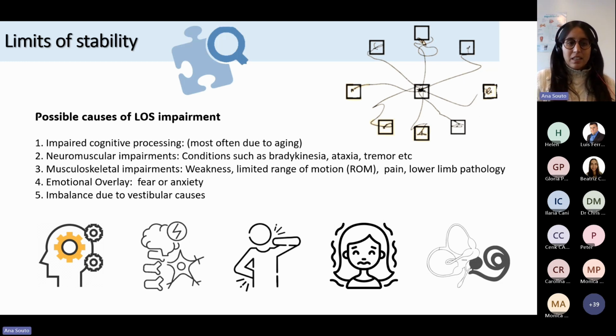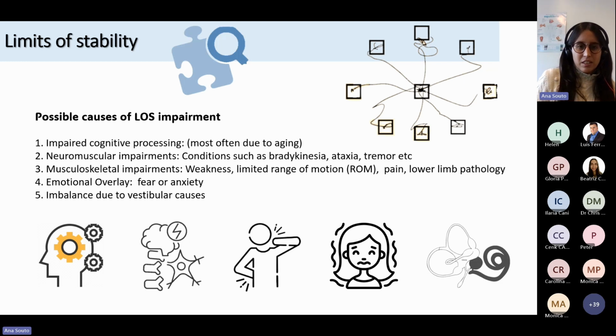Then, okay, moving on. So emotional overlay. We have fear and anxiety. It's normal, and this happens a lot in elderly people. You can understand when this is happening when you're analyzing the parameters.